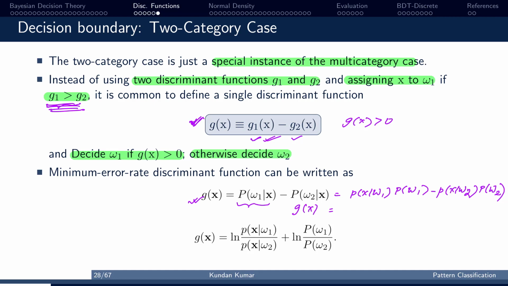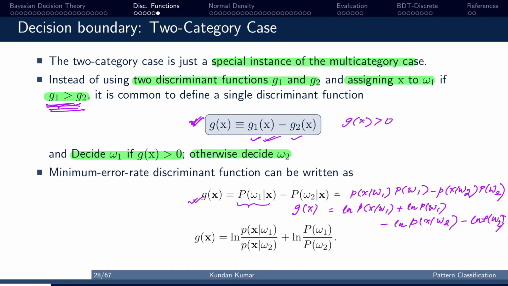It will be ln p(x|omega 1) plus ln of the prior probability of omega 1, minus ln p(x|omega 2), minus ln of the prior probability of omega 2.